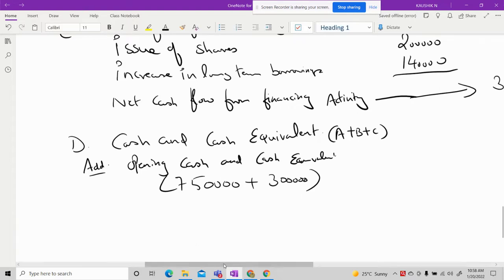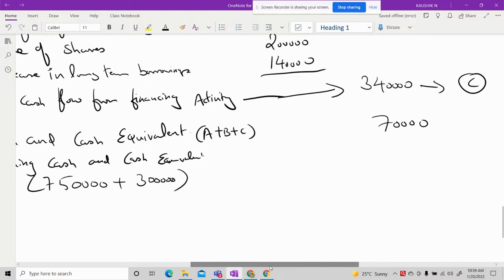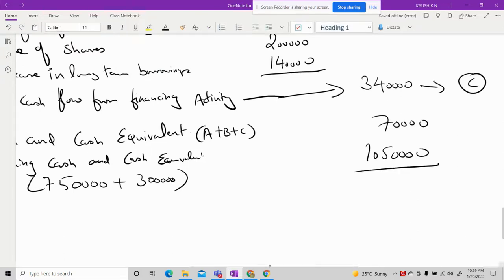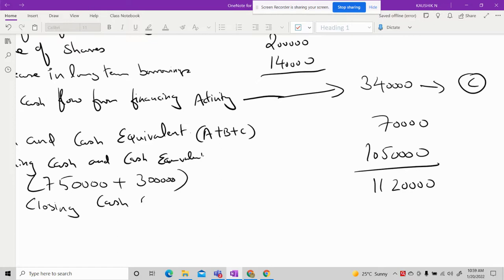Adding 70,000 plus 10 lakh 50, I get rupees 11 lakh 20,000, and this is my closing cash and cash equivalent.